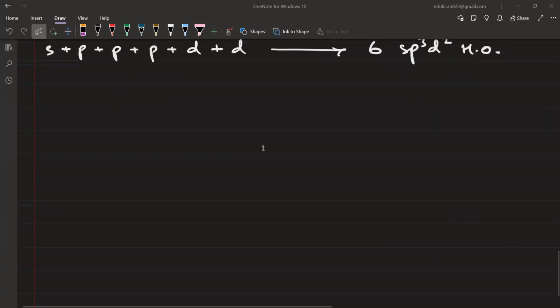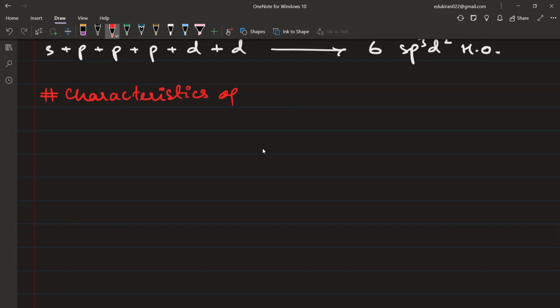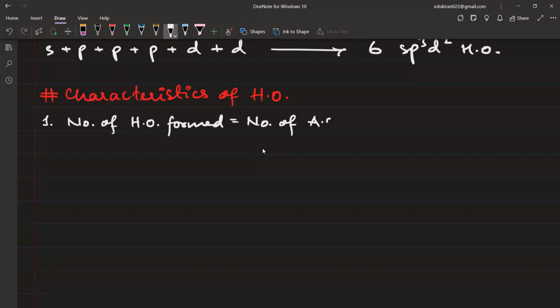Okay. Right, next, characteristics of hybrid orbital. Number one, the number of hybrid orbitals formed is equal to the number of atomic orbitals taking part in hybridization.